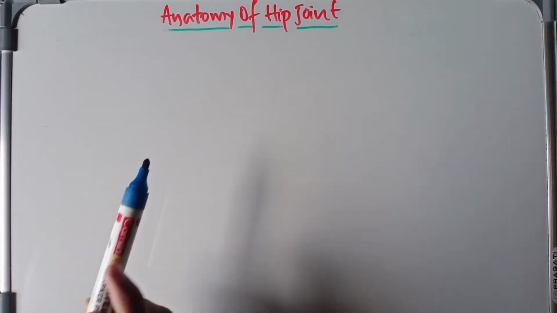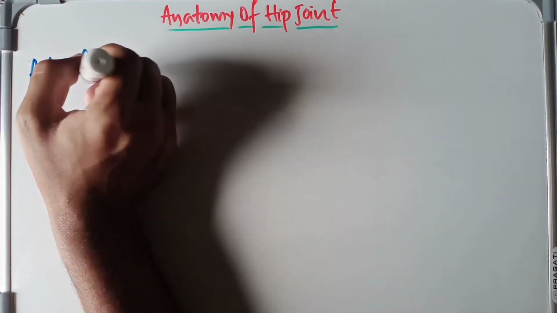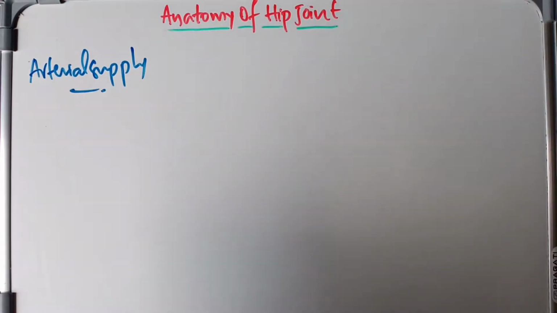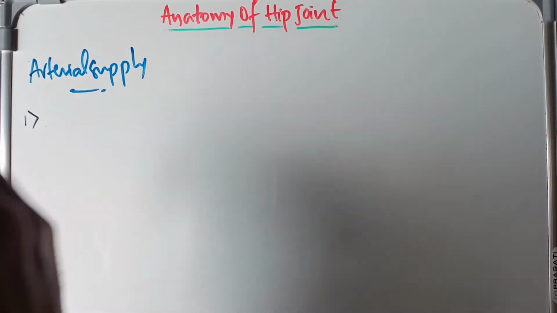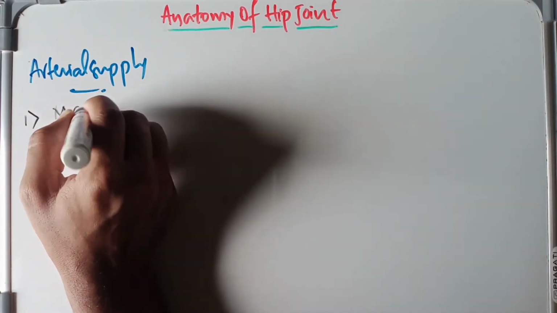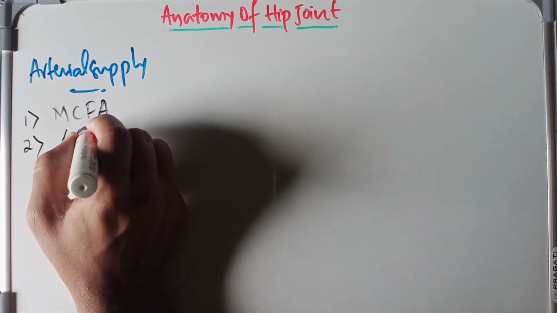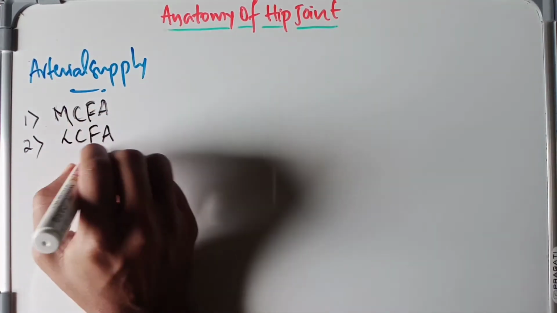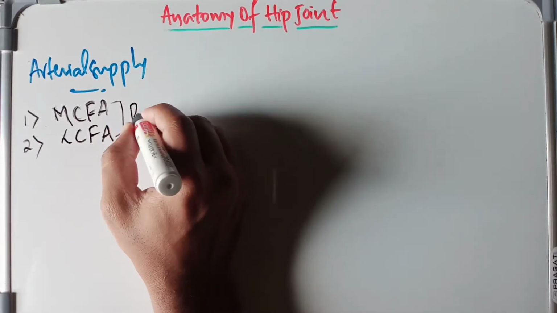So moving on to the anatomy of the hip joint in terms of its arterial supply, or you can also call it the blood supply of the hip joint. It is supplied by branches of the medial circumflex femoral artery and the lateral circumflex femoral artery, and these two are branches of the profunda femoris artery.